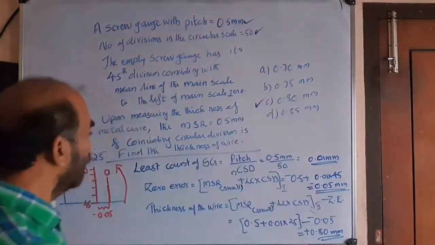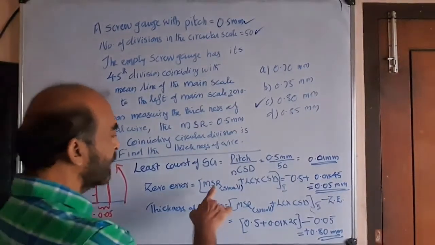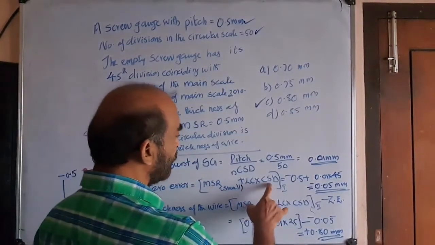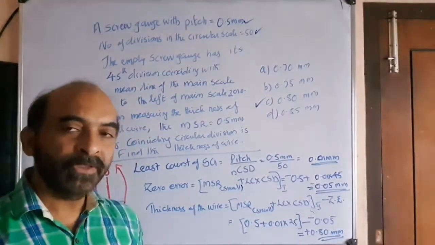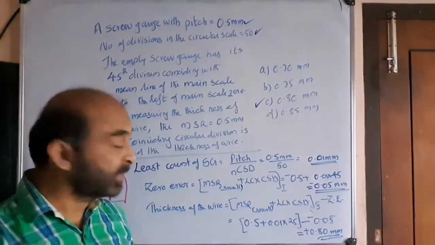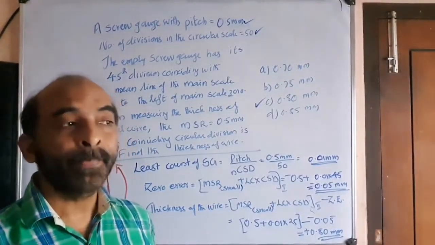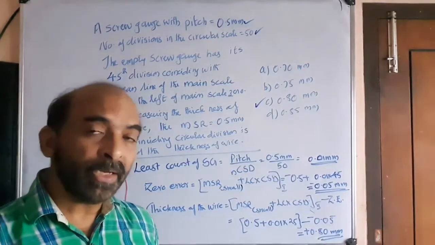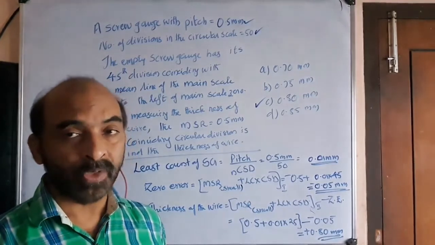Okay. Now, zero error. The equation is main scale reading small plus least count into circular scale division. Why main scale reading small? Then only we get the required result. This equation is the same as that we used for vernier calipers also. But coming to vernier calipers, there were two types, the normal one and the retrograde one.